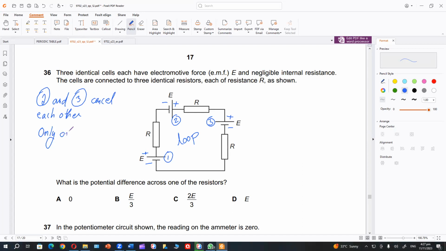Only one source is active, E. Acha, the three resistors are in series.